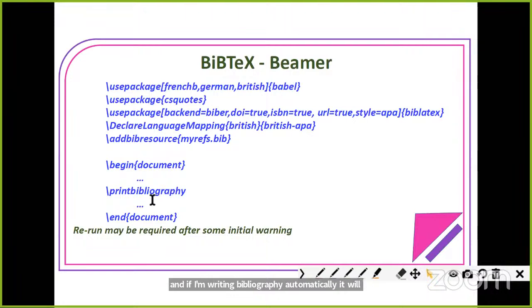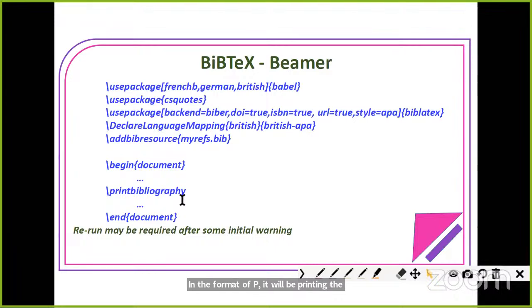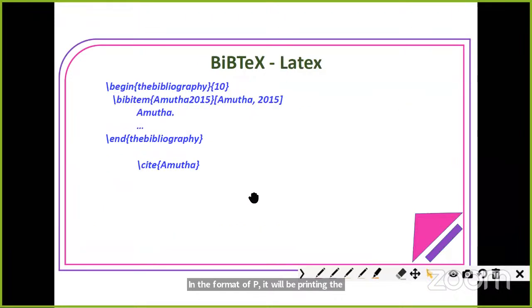In that format, it will be printing the bibliography, and I need not worry about the bib items. But if I want to have only a few references, and I don't need a separate bib file, then I can use this: begin the bibliography, end the bibliography environment.